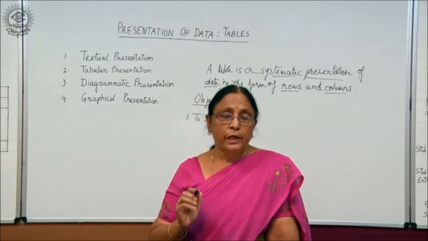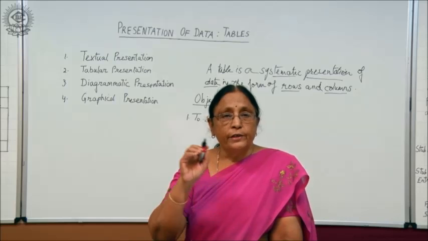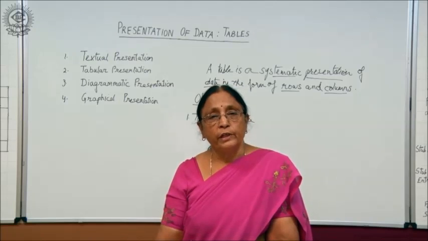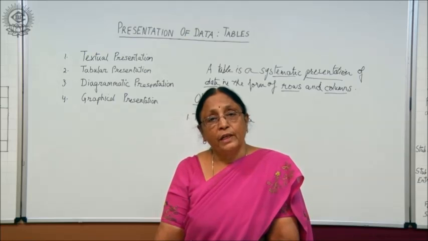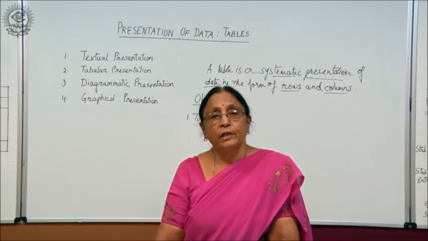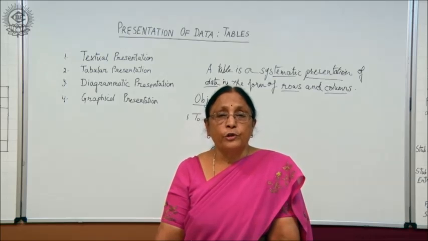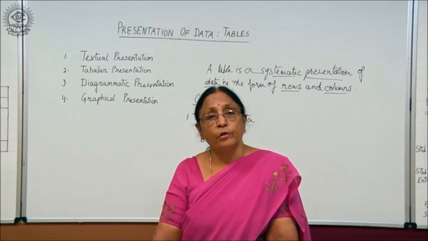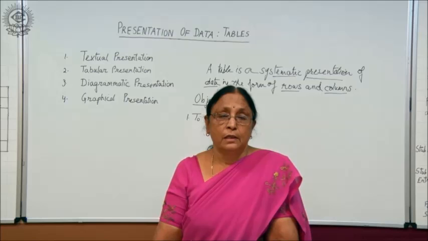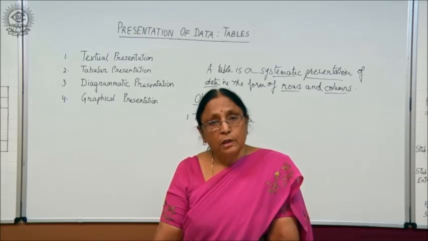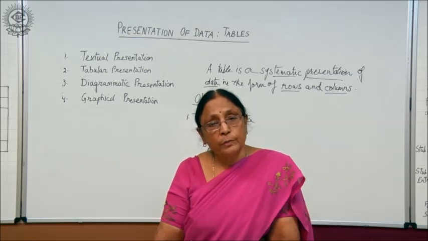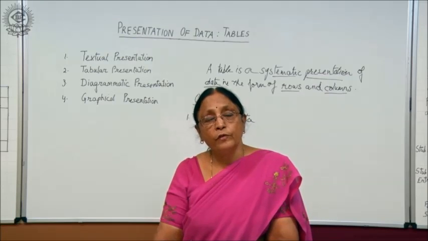For example, in your locality, you are collecting the data regarding the number of people living in each family. Now you have gathered the information, but until and unless you classify them into different columns and rows, or according to the number of males and females, what you have gathered will not solve your purpose. So simplifying data is done with the help of a table.